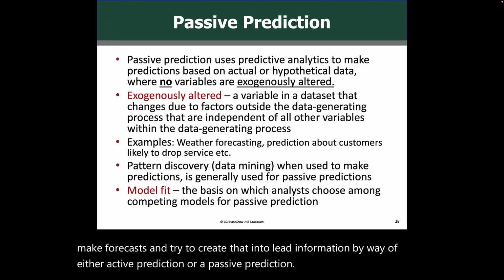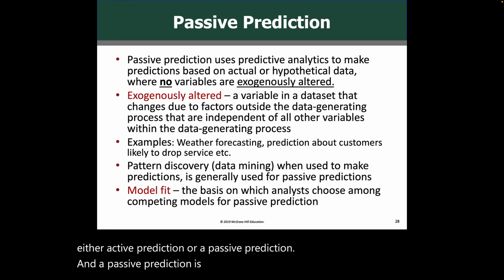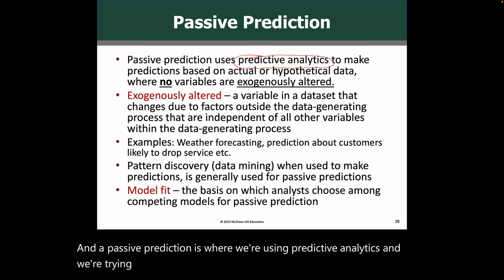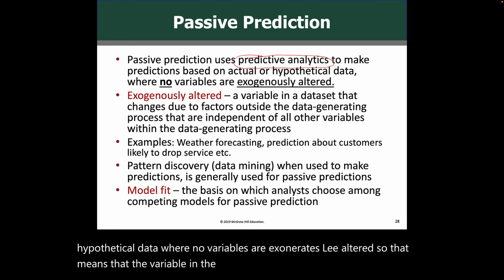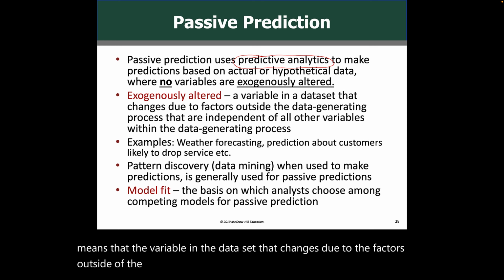And a passive prediction is where we're using predictive analytics and we're making predictions based on either actual or hypothetical data where no variables are exogenously altered. So that means the variable in the data set changes due to factors outside of the data generating process, if they're independent of all the other variables within that data generating process.